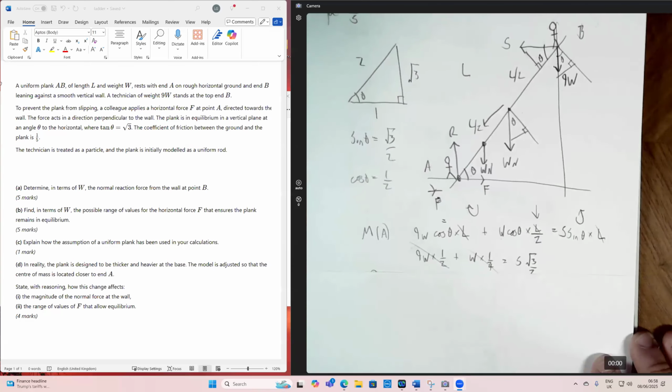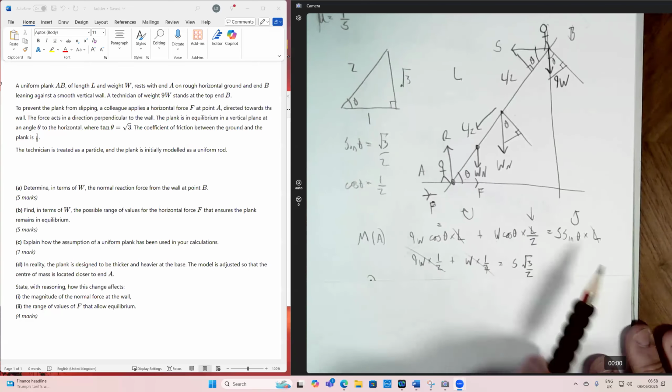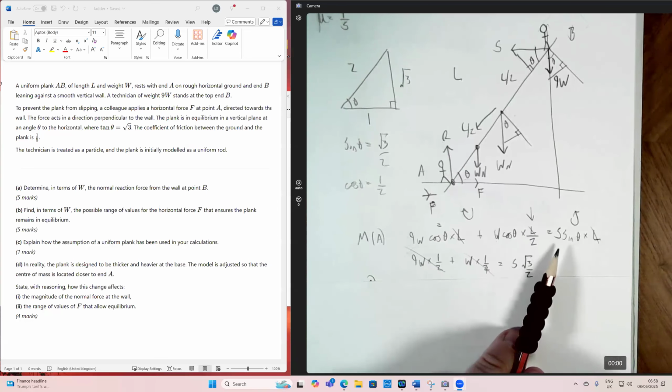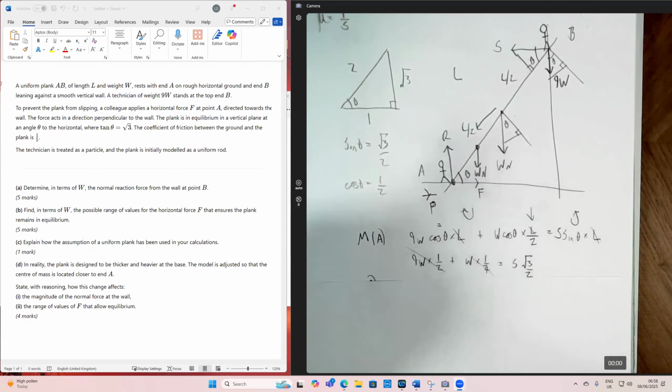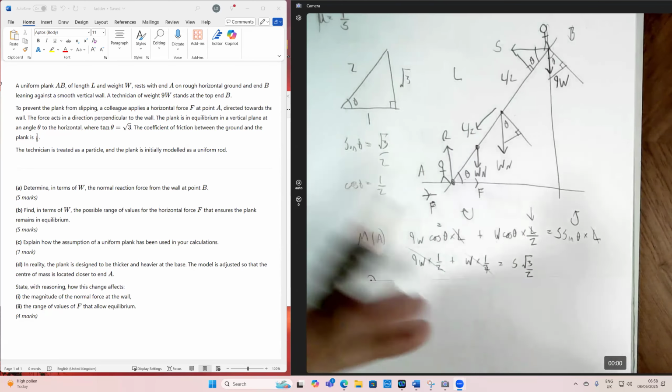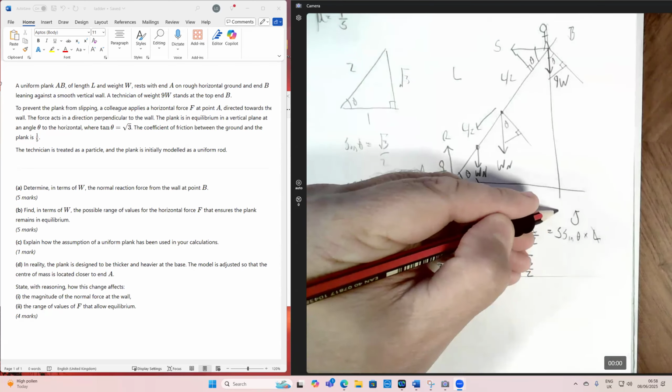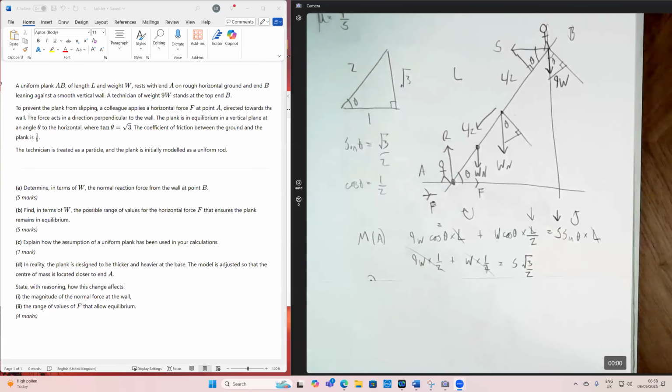Now, we have got an equation here, so let's have a look and see what's going on with this one. Everything has to remain in equilibrium. So if this has gone down, then that means that this force must also go down by the same amount.